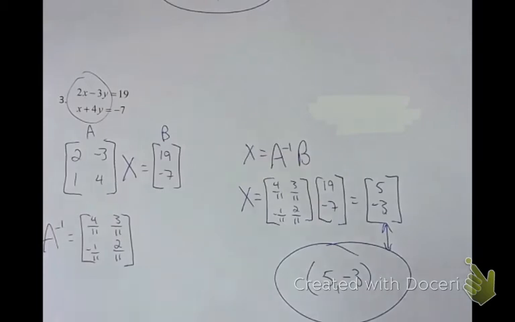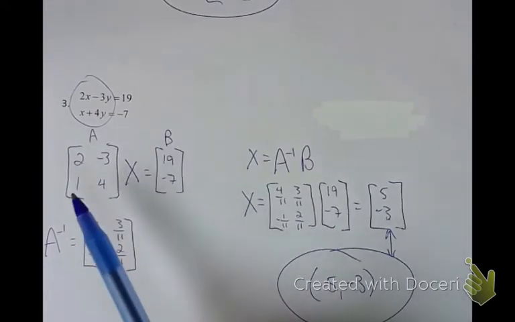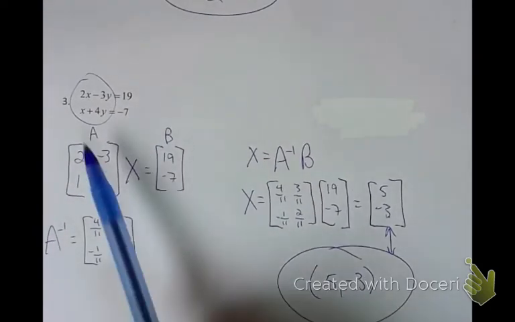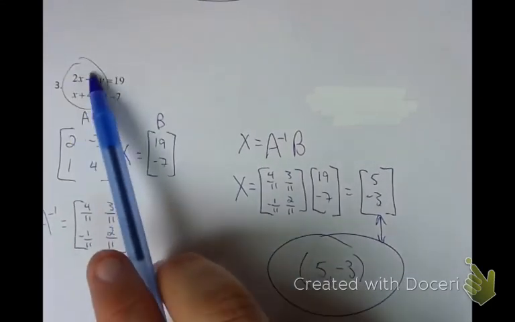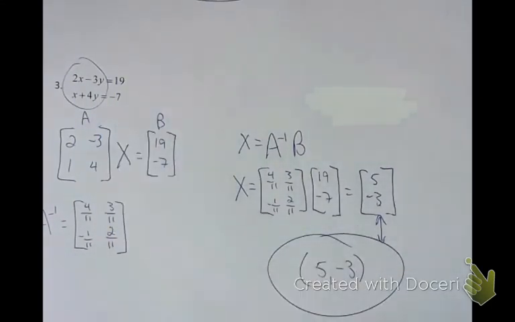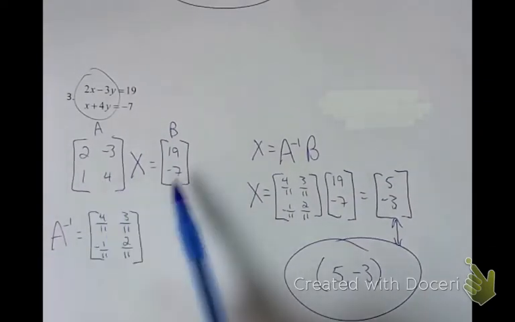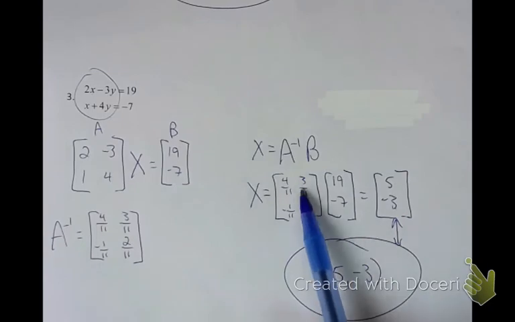So, in order to figure out the solution to a system using inverse matrices, your main goal is to set up two matrices, an A and a B. Especially in the case of the system here, your A matrix comes from all these coefficients. The B matrix comes from the numbers after the equal sign, your constants. You got to take the inverse of the A matrix to get it to the other side, and then you'll multiply that inverse with the B matrix.